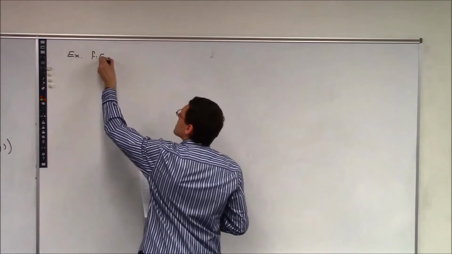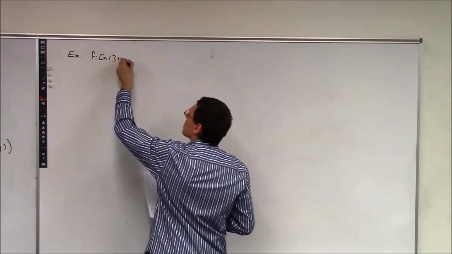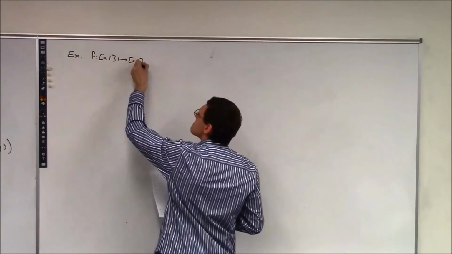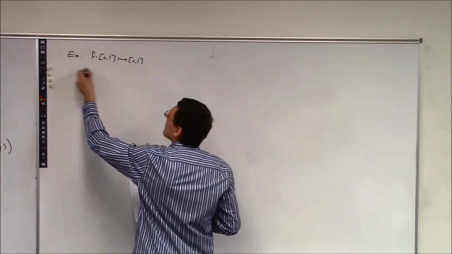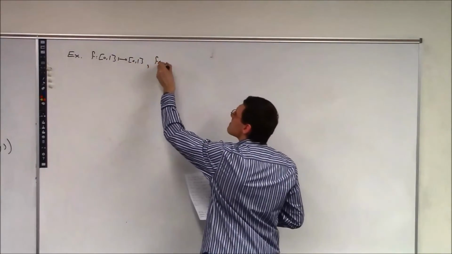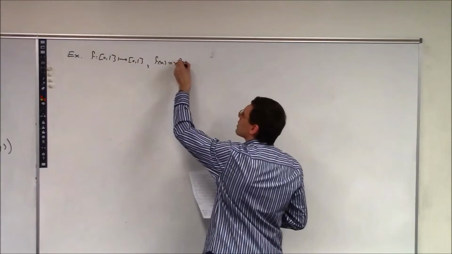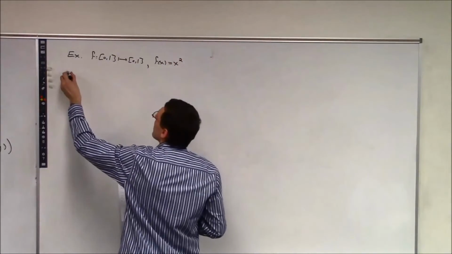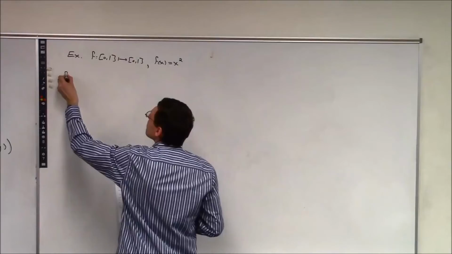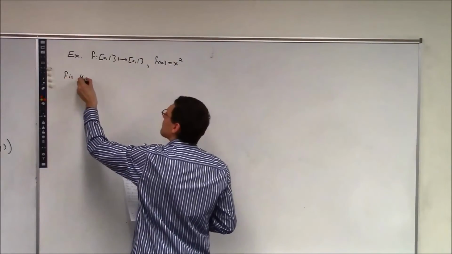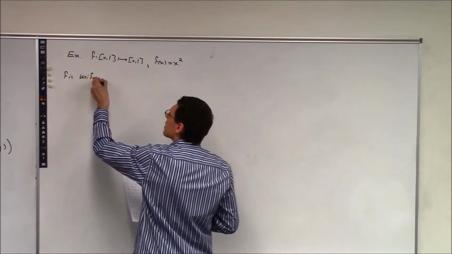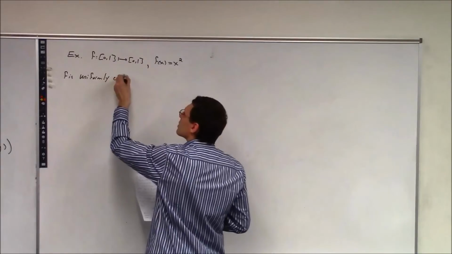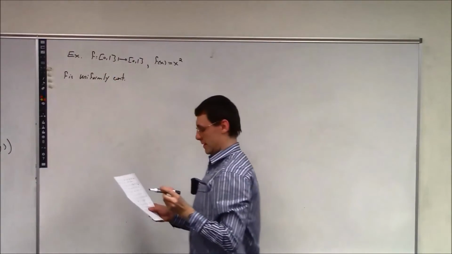Now if I restrict, let's say, the interval from 0 to 1, and the function is f of x equal to x squared, then f is uniformly continuous. Okay?